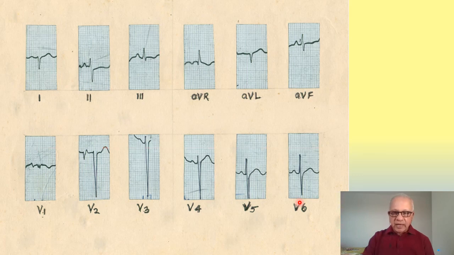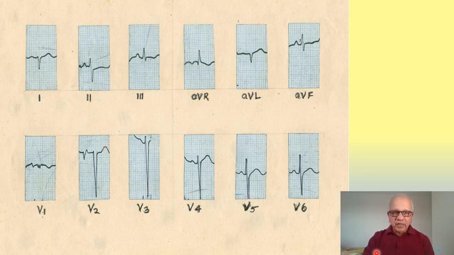So these two findings, that is the absence of a significant S in V1 and the presence of a deep S in V5, V6, tell you that the patient has a right ventricular hypertrophy, isn't it? This is a right ventricular hypertrophy. Now I told you that this is a 60-year-old person with dyspnea and a lowered oxygen saturation for the last 1 week.